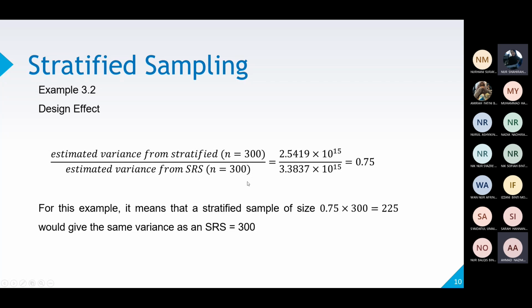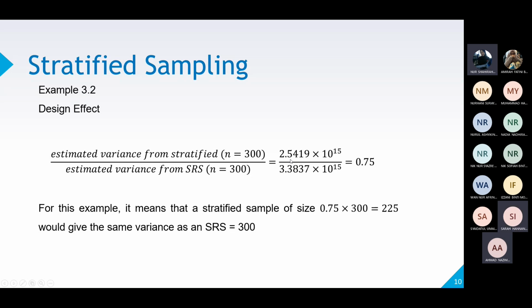We have discussed this, and I have shown you how to calculate the estimated variance from the simple random samples. We got this value before, 3.3837. And for the estimated variance from stratified, we get 2.5419. You can just cancel off these two because it is the same.